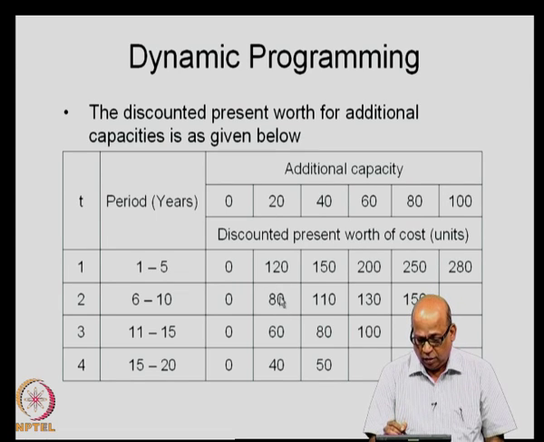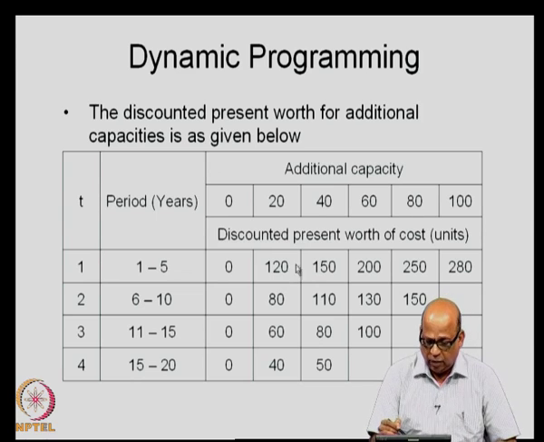and like this. Therefore, you can see that if you invest for additional capacity of 40, for example, the amount that you may have to invest right now is 150, but if you invest at the end of 5 years, which is at the beginning of 6 years, the same value will be less, because we are talking about the present worth.